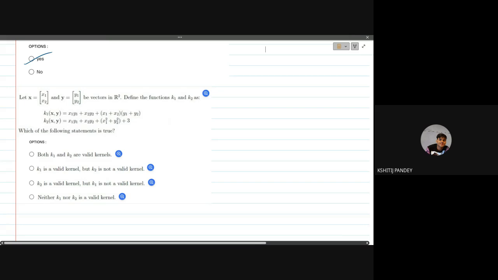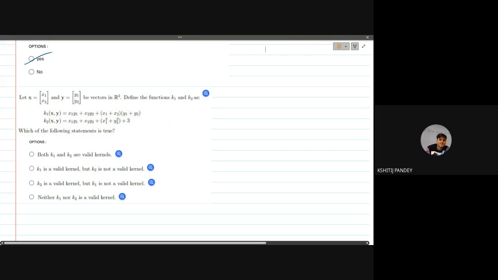Okay, so there are two necessary conditions. The first is the kernel function must be symmetric, correct? And the other condition is that the kernel function must be positive semi-definite, right? So these are the two conditions.